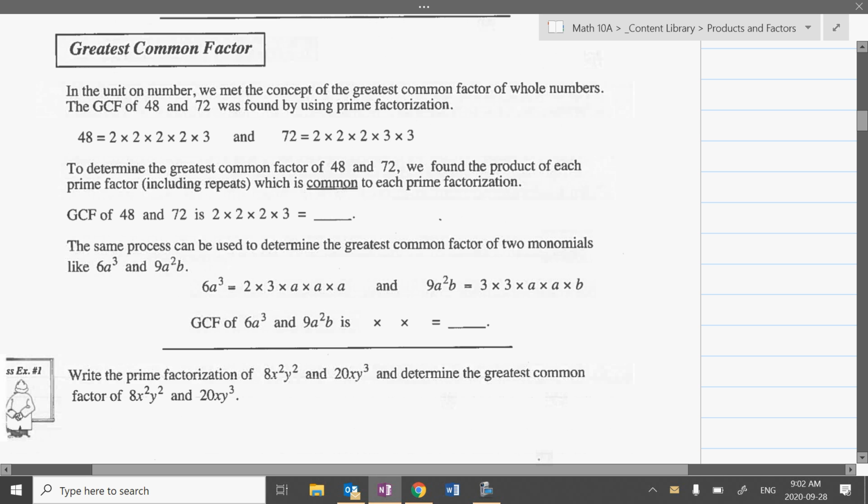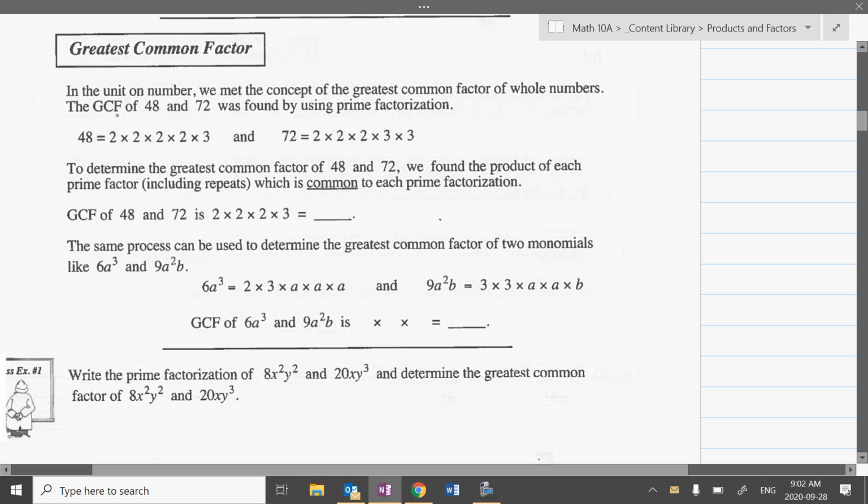Does anyone know? What are the factors of 6? Good, 2 and 3, right on. So that's why I said earlier it's so important that you have strong multiplication tables for this unit. If your multiplication tables are really weak, I will gladly give you a times table. You can take that times table with you into our test if you want it.